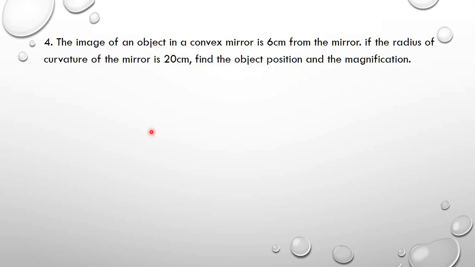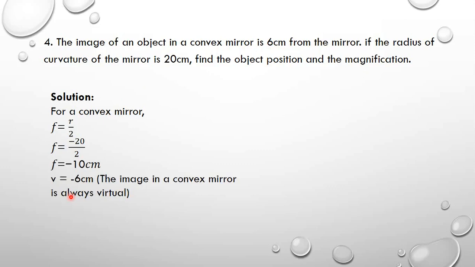Now, we already know that our focal length can be got using the radius of curvature. So f is going to be negative 20 divided by 2, which will give us negative 10, because it is a convex mirror. Then also, the v is negative, because it is always virtual.